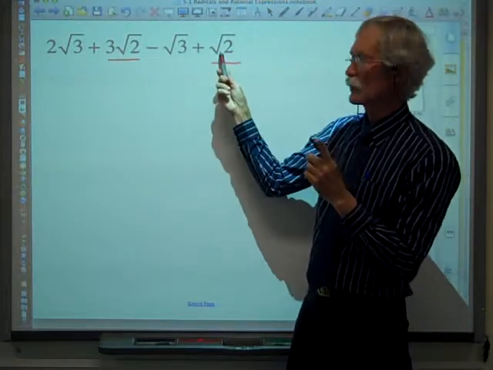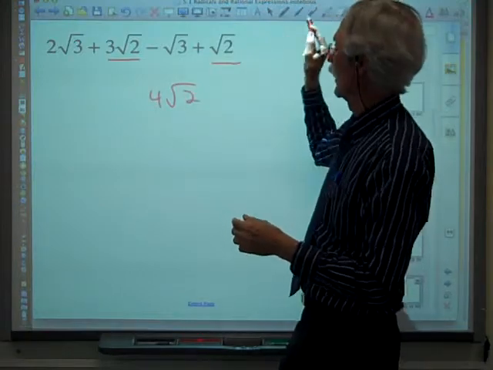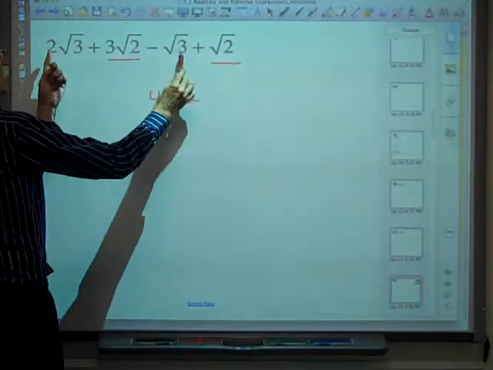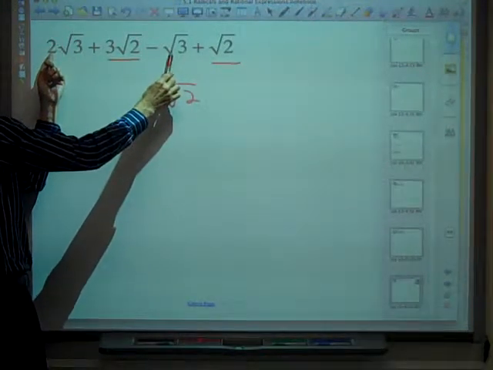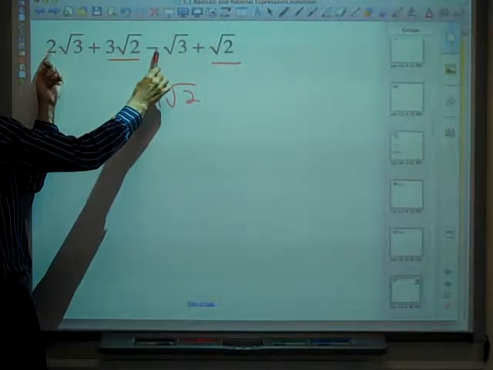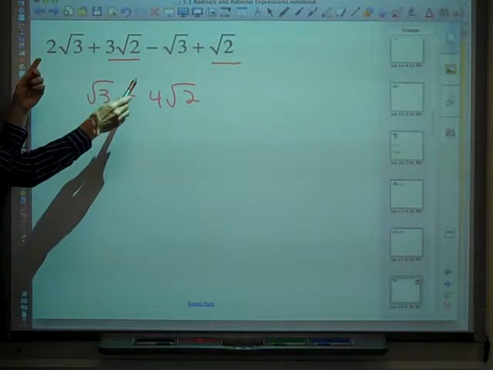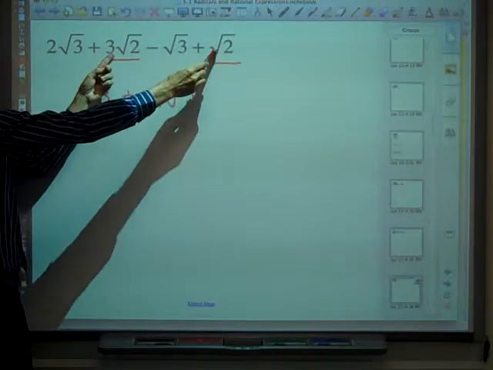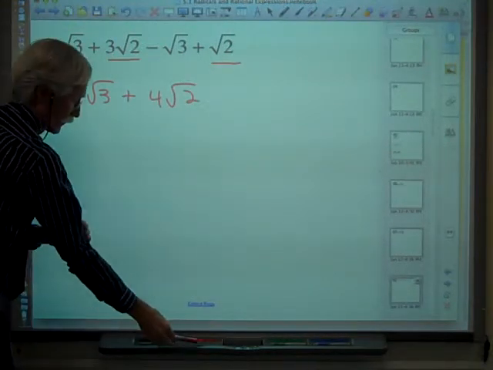What's 3 root 2's plus 1 more root 2? 4 root 2. Good. And how about these root 3's? 2 root 3 minus 1 root 3. What's 2 minus 1? 1. So you get 1 root 3 and 4 root 2's. That's as good as you can go.